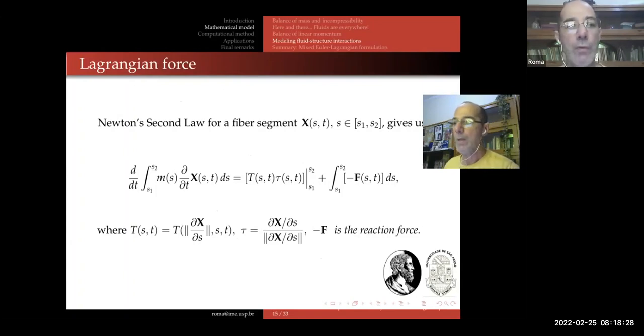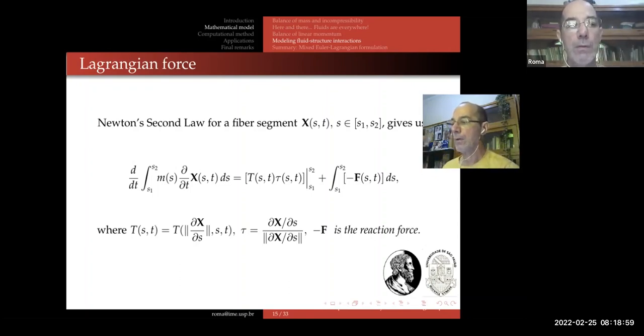Okay, so the amount of linear momentum of that immersed boundary segment is the integral of the linear momentum for every single point belonging to that segment that I'm looking at closely, right?